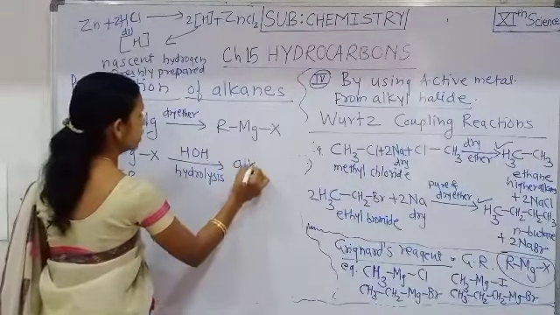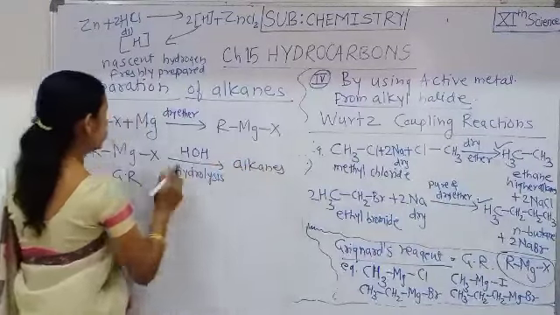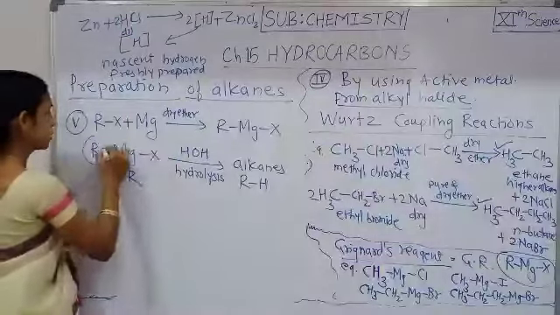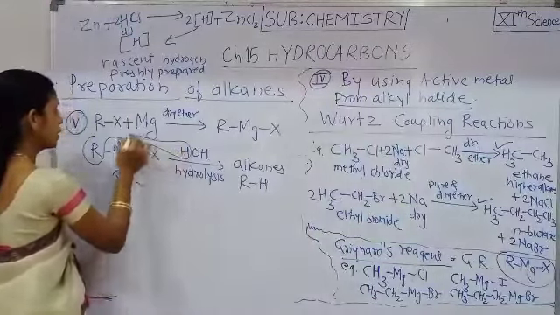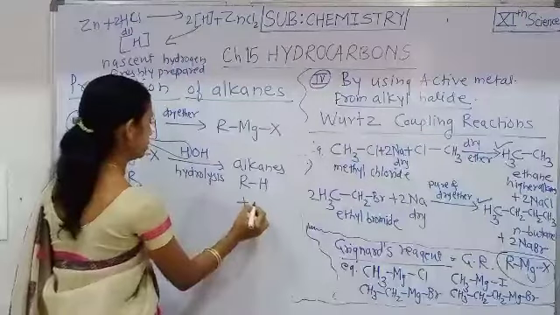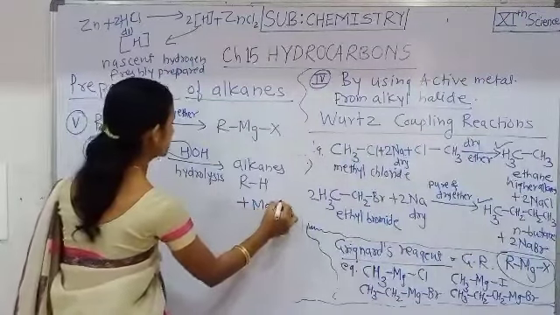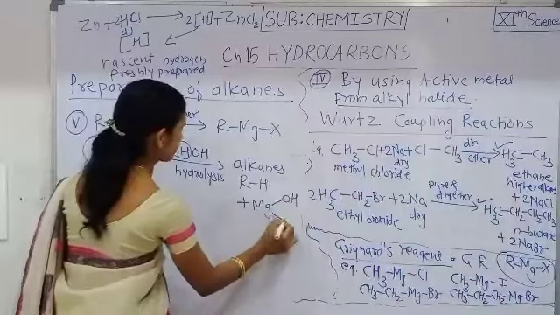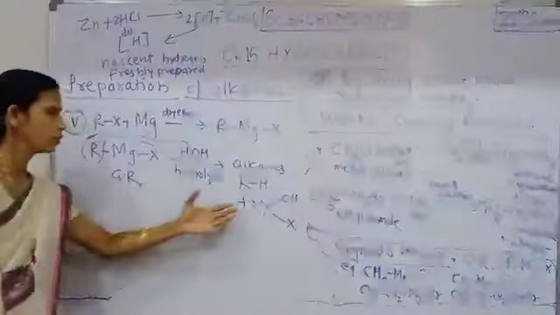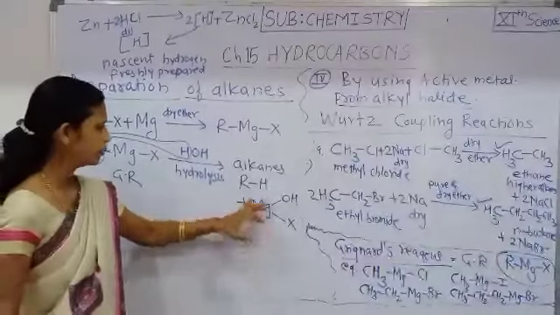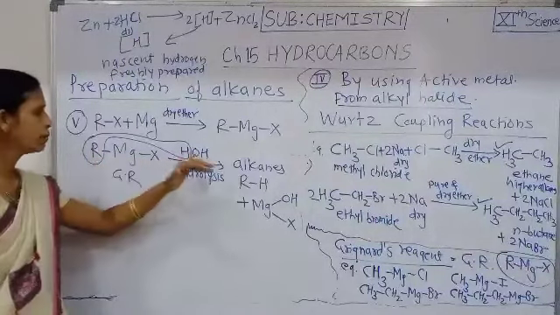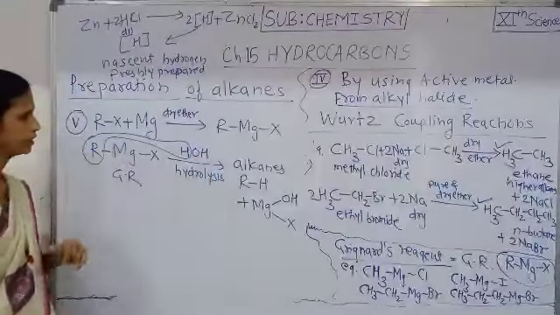That means the alkanes obtained here are RH, with the formation of magnesium hydroxy halide, which is obtained as a byproduct. But alkanes are obtained from Grignard's reagent by hydrolysis of that Grignard's reagent.